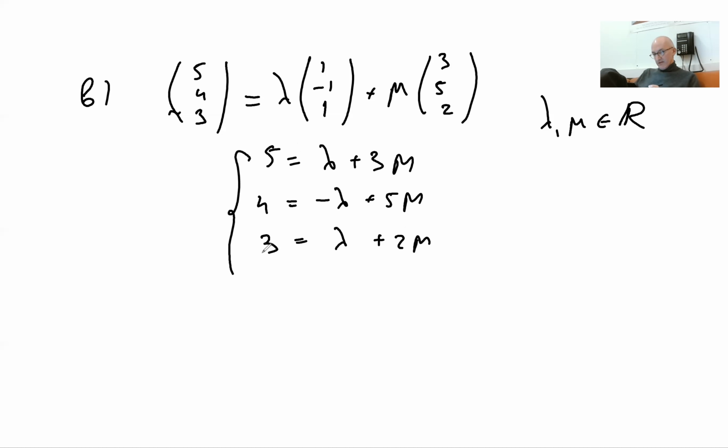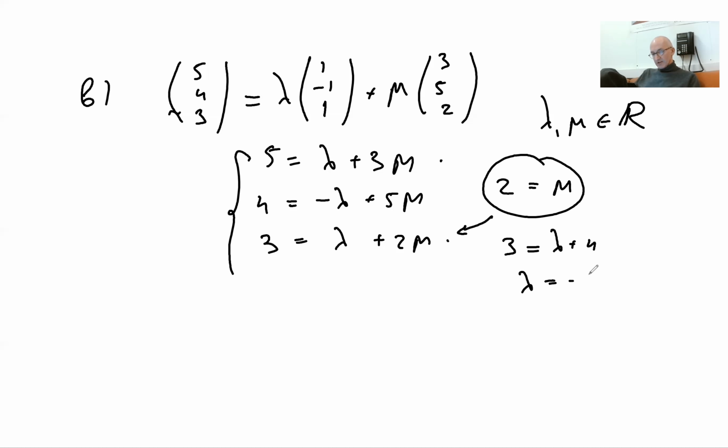Very similar to what we did before, subtracting this third equation from the first one, we get 2 equals mu. So mu is 2. Substitute it here, and you get 3 equals lambda plus 4, so lambda is minus 1.